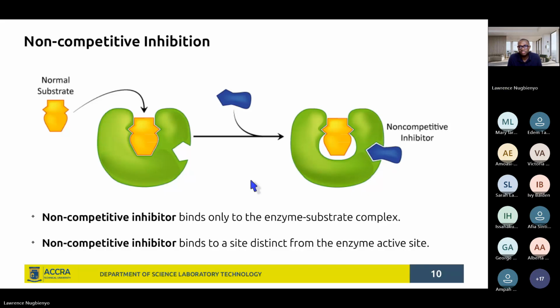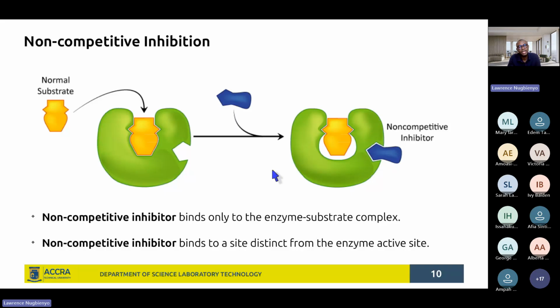Of course, when you look in biochemistry books, sometimes even this type of inhibition is also divided into different forms. We just don't want to so much go into some of these things, but I can mention them later. If you yourself are interested, you can go and look at it.